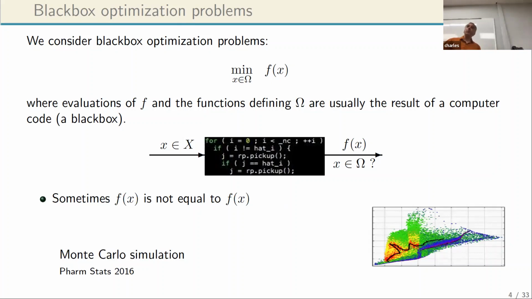Sometimes when you compute f of x twice with the same x, you don't get the same value. So if there's some stochasticity or randomness inside the black box, you feed it x, it runs a Monte Carlo simulation and returns a different value. So technically, it's not even a function. In math, we like to work with functions, but this is not even a function.